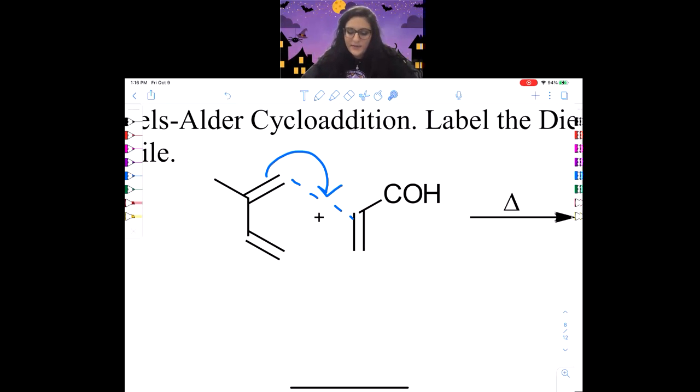But this carbon already has 4 bonds, so its double bond is going to, bam, right there. And so now that this carbon is getting another bond formed, this double bond has to move over here. So all of our electrons pretty much went in a big circle.